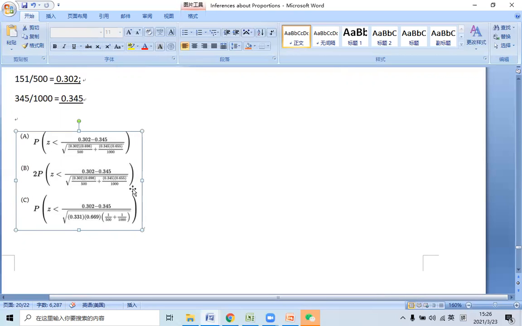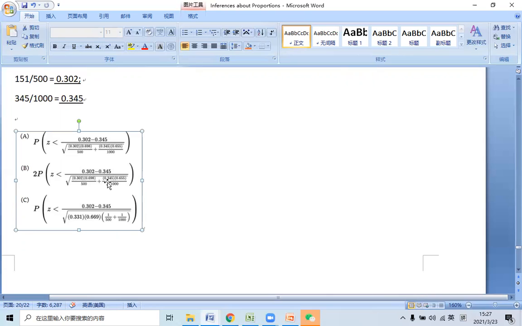And then you look at the proportion for Middle East, 0.302, times 1 minus P, that is 1 minus 0.302.